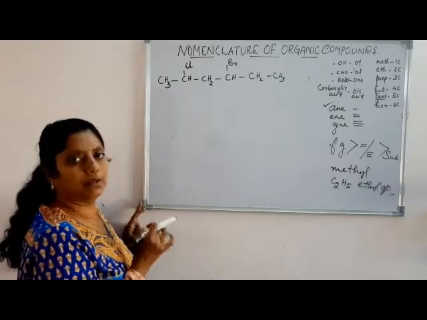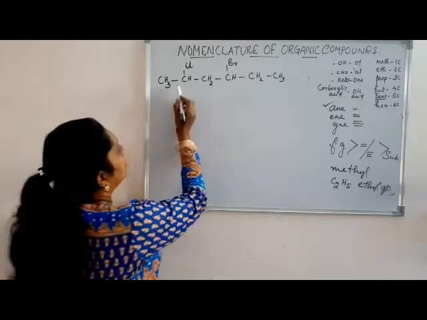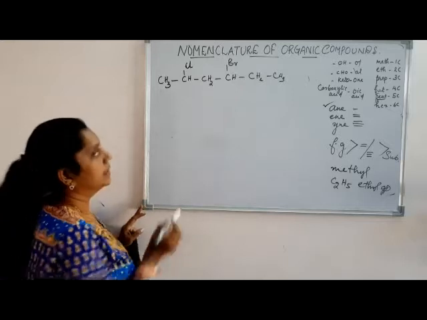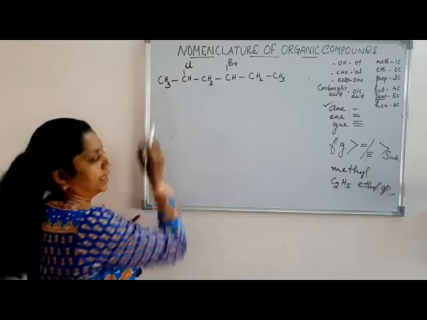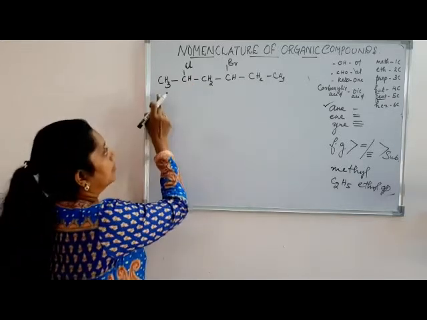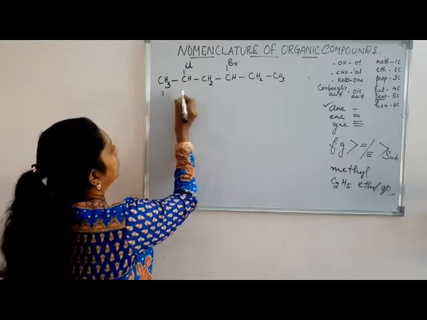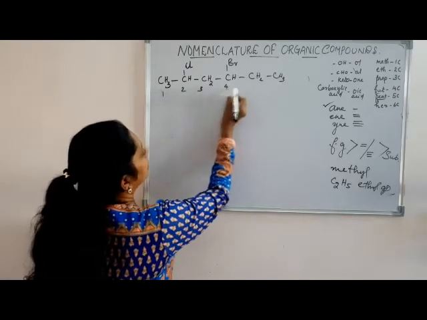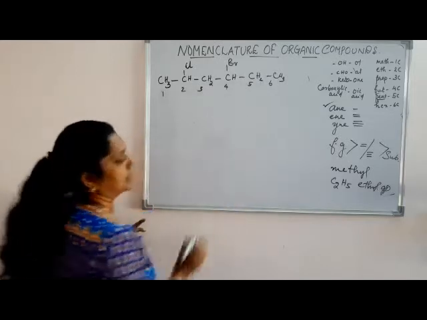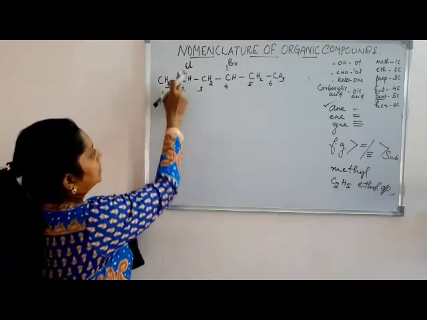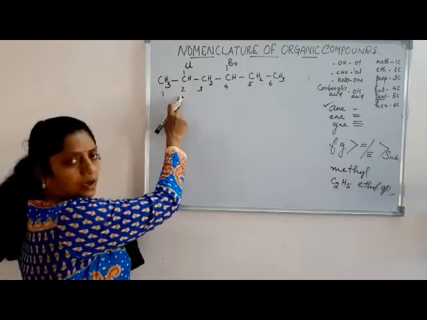Okay. Now we have to number the carbon atoms. Here 2 substituents are present. The chlorine atom is nearer, so we have to start numbering from this side: 1, 2, 3, 4, 5 and 6, so that this chlorine atom gets the lowest number.